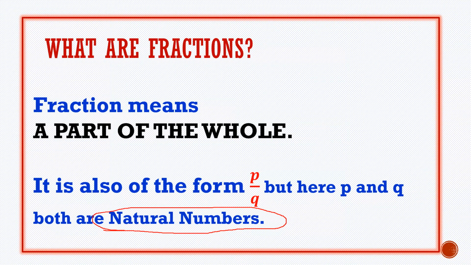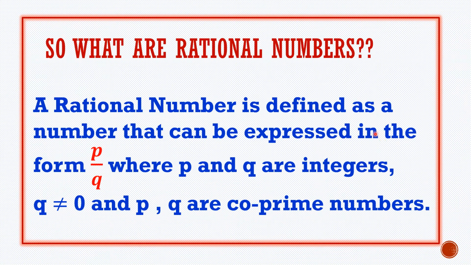Let's move ahead. Then what are rational numbers? Now fraction is clear to you. Well, a rational number is defined as a number that can be expressed in the form P by Q, numerator over denominator, but here P and Q, that is numerator and denominator, both are integers. Earlier in a fraction, numerator and denominator both were natural numbers.